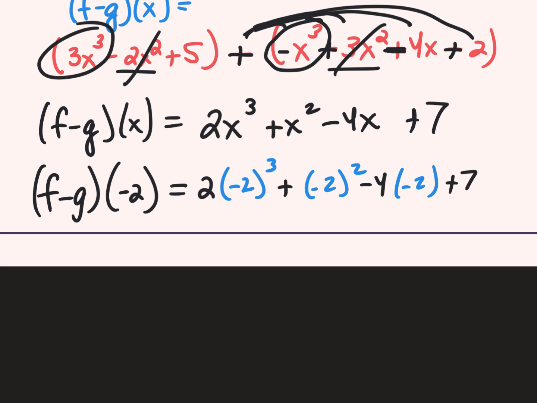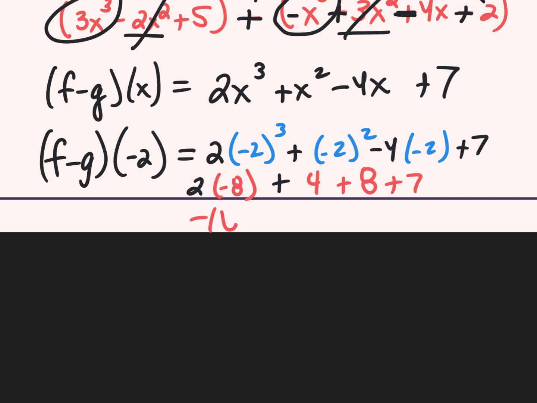Exponents? So what is negative 2 to the third power? It is negative 8. So I have 2 times negative 8 plus, good. What's negative 2 squared? 4, good. And then I have a negative 4 times a negative 2 gives me plus 8, and then plus 7.